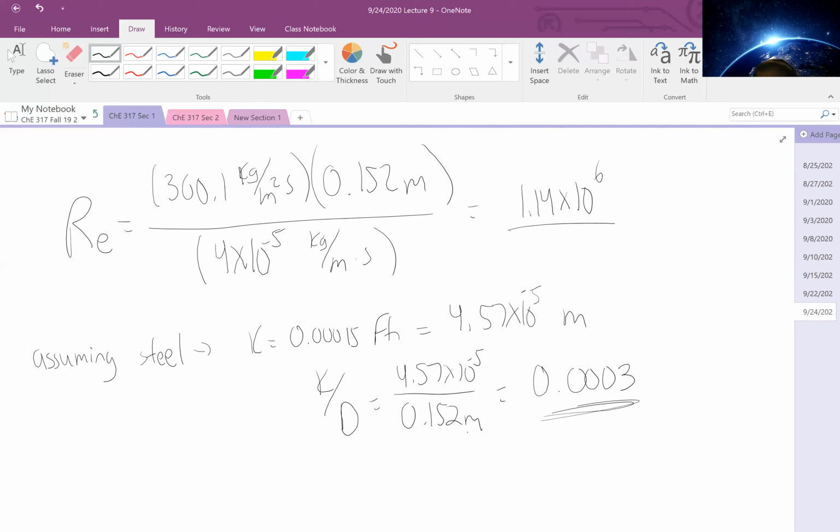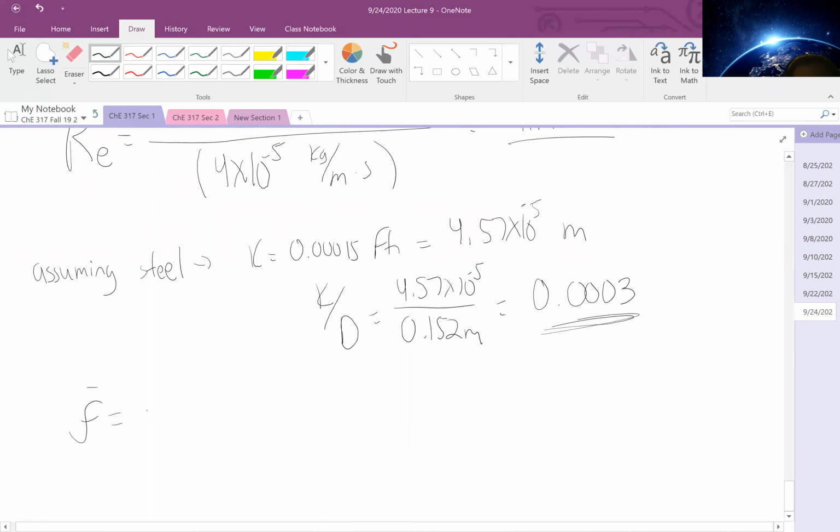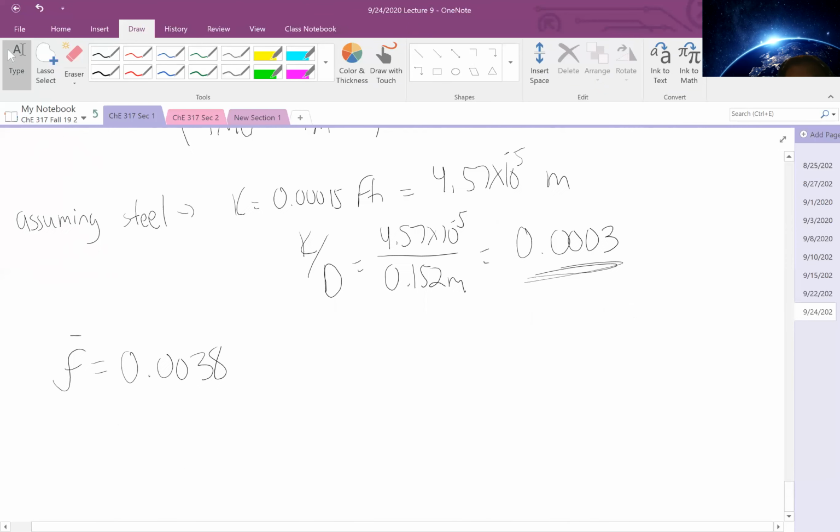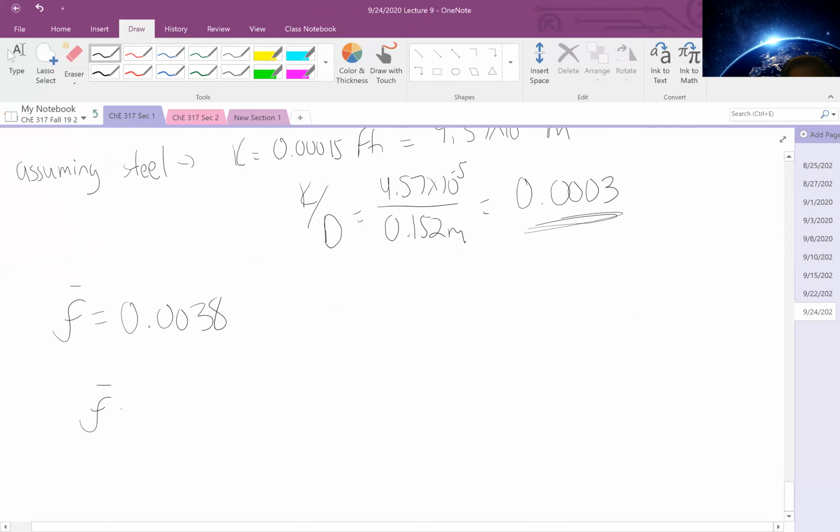So for about 0.0003 and about a million, I'm saying about 0.0038 for my F. And we're gonna say 0.0038, which means for this system, since we said F bar times L max over RH equals, what was it, 280?